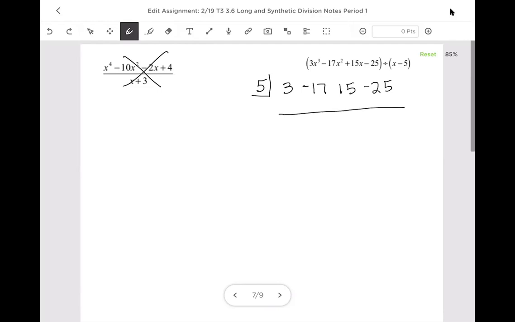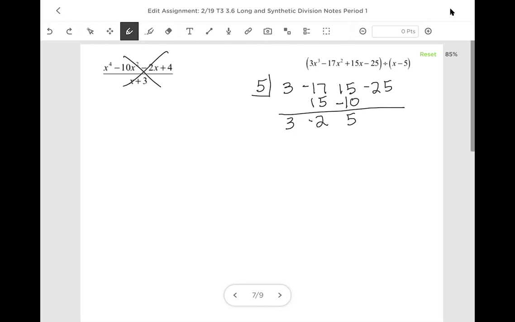No missing terms there. X cubed, x squared, x, and constant term. Bring down the 3. 3 times 5 is 15. Put the 15 under the -17. -17 and 15 is -2. And then we start the process over again. -2 times 5 is -10. Add, you get 5. 5 times 5 is 25.